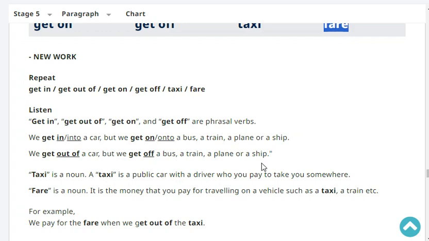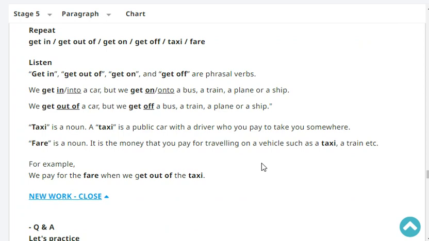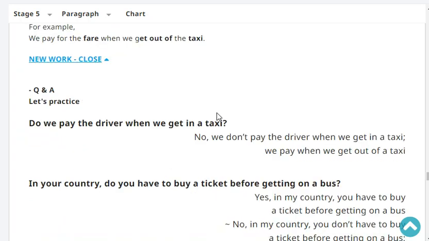We get out of a car, but we get off a bus, a train, a plane, or a ship. Taxi is a noun. A taxi is a public car with a driver who you pay to take you somewhere. Fare is a noun. It is the money that you pay for traveling on a vehicle such as a taxi, a train, etc. For example, we pay for the fare when we get out of the taxi.